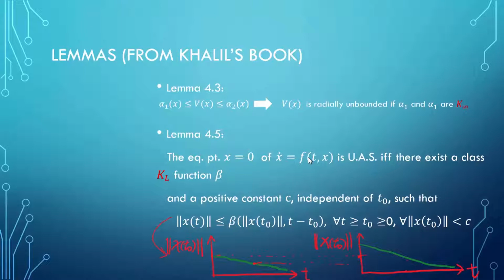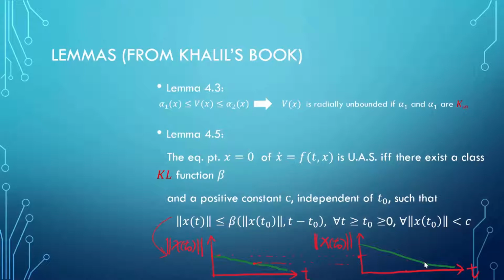The reason that beta increases with x(t0) is that if you pick a larger initial condition, the beta value will be higher, such that you can upper bound a higher initial condition of x. That's the reason why we define a KL function.